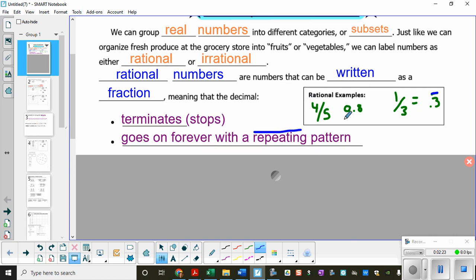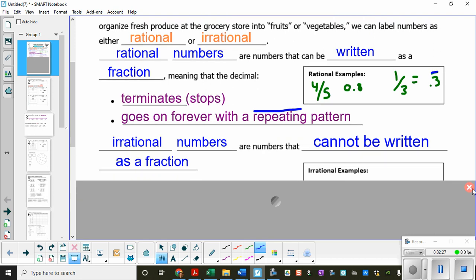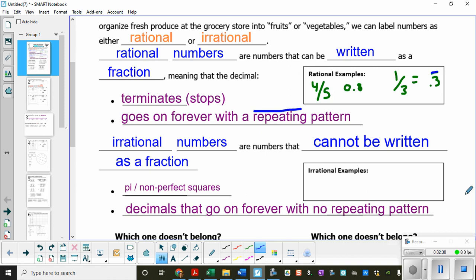Now, if it can't be written as a fraction, that's how you know it's irrational. Irrational numbers are numbers that cannot be written as a fraction. We have some examples of what we mean by that. If you see pi, pi is a number that's definitely irrational. Non-perfect squares: if I were to try to take the square root of the number 20, since 20 is not a perfect square, when I try to take the square root of it, it's going to go on forever and ever in the calculator.